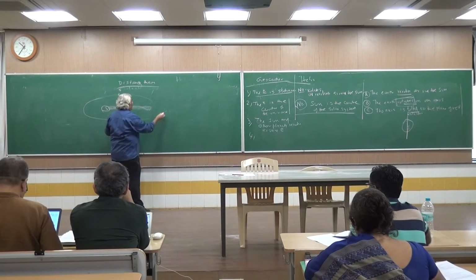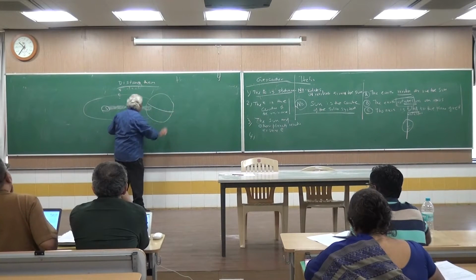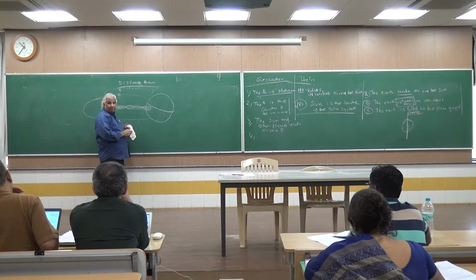You have a patch of light, and you have the equator. So it's distributed at this point. It's at a slanting way.